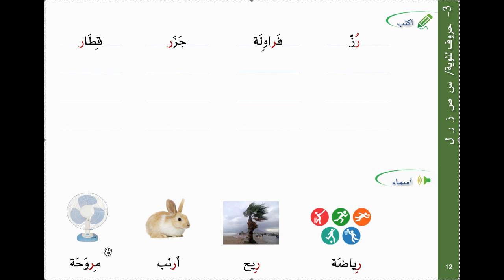And this can mean any kind of fan, a fan on a ceiling, a table fan, a standing fan, a floor fan, any kind of fan. Very important for Jordan. That is where I used to live, and a fan is essential in the summertime. Okay, so please go ahead and practice reading these words and memorize them as well, and we'll see you in the next slide.